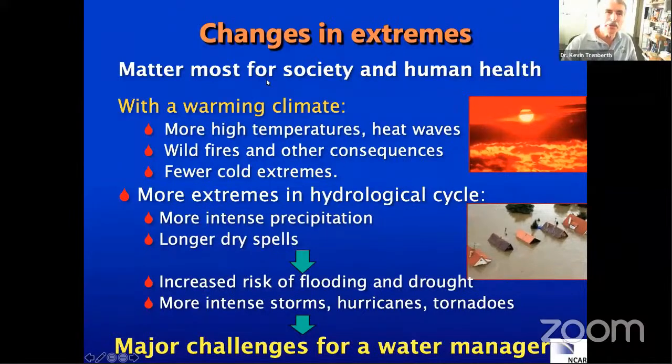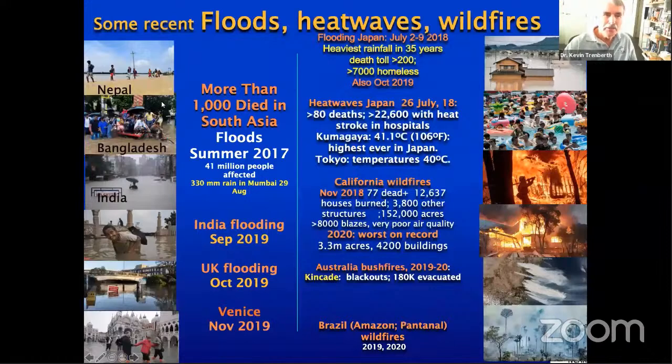So some examples, this is only since 2017. These are some examples of places where major flooding occurred in India, Bangladesh, Nepal. In the UK, there was major flooding that year. India in 2019, Venice has chronic problems.